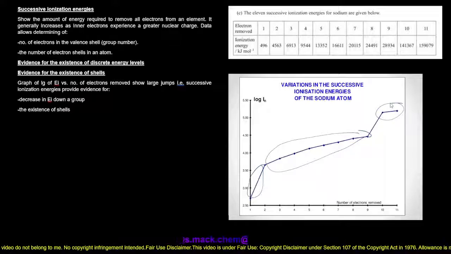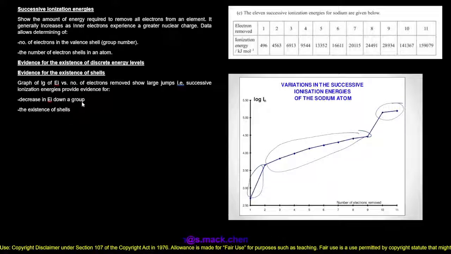As such, I'm just going to summarize by saying that successive ionization energies provide evidence for the existence of discrete energy levels, for example shells, where in the graph of log of ionization energy versus the number of electrons removed, the large jumps provide evidence for the existence of shells.